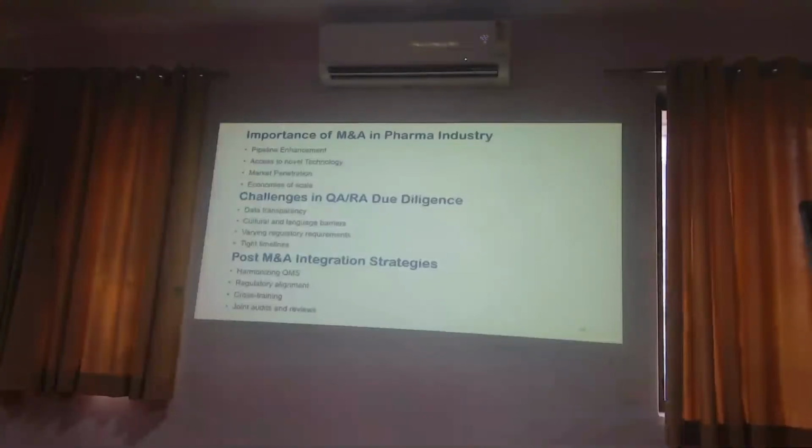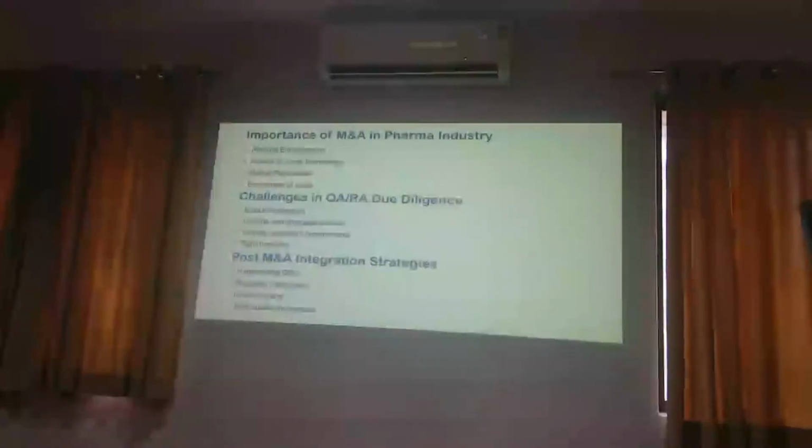Suppose we sold our OTC portfolio to Johnson & Johnson in 2012. After 2012, it took almost 2 years for Johnson & Johnson to do the marketing authorization change, to change the name from JB to Johnson & Johnson. It's a minor administrative variation, but a lot of legal documentation and other things happen in that.